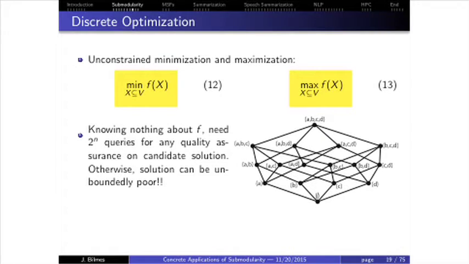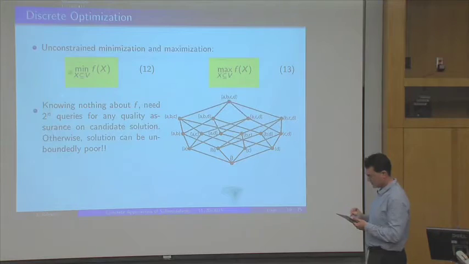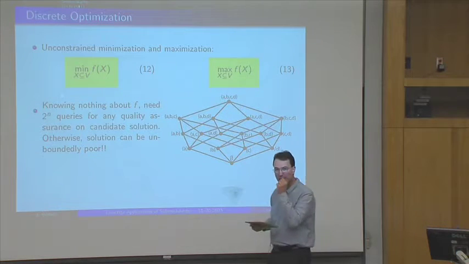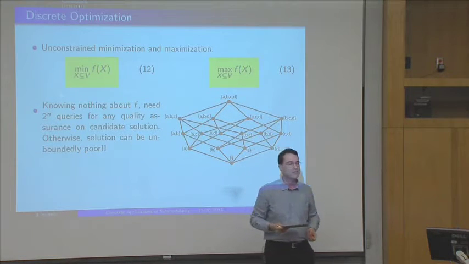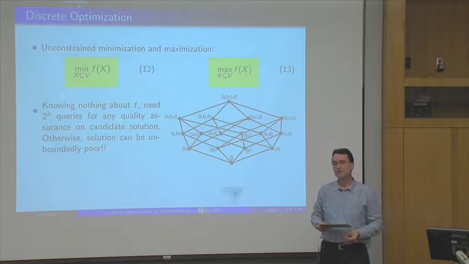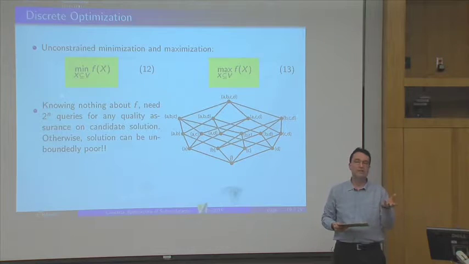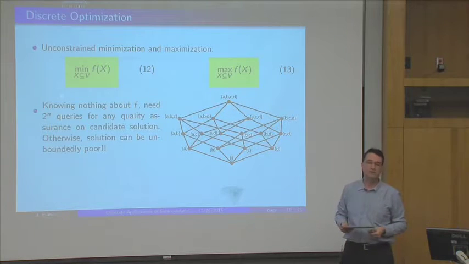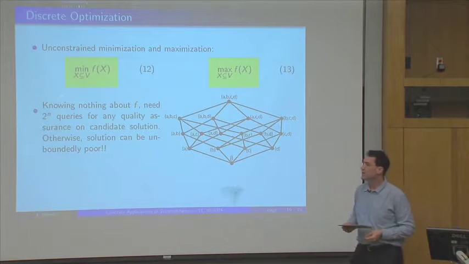So submodularity, in some sense, solves that problem because ordinarily, let's say you wanted to do some sort of minimization or maximization problem like one of these. There's an exponential number of subsets of a given set. And as the size of the set V gets larger, to get any kind of quality guarantee, you would need to search over 2 to the n, where n is the number of items in V. You'd need to search over 2 to the n possible subsets, in some sense, to get any kind of guarantee.